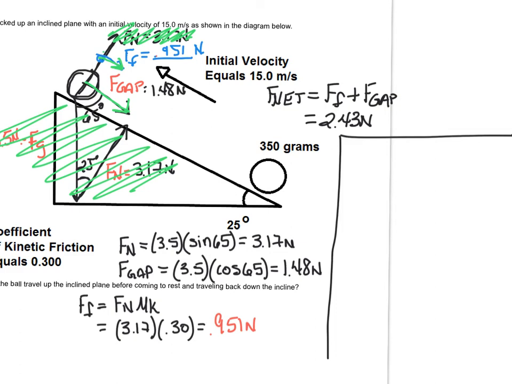Returning to the original question, how far does the ball travel up the inclined plane? We can now solve for that by grabbing an acceleration. We can grab an acceleration value by saying the net force, which we now know, is equal to the mass of this object times our net acceleration.